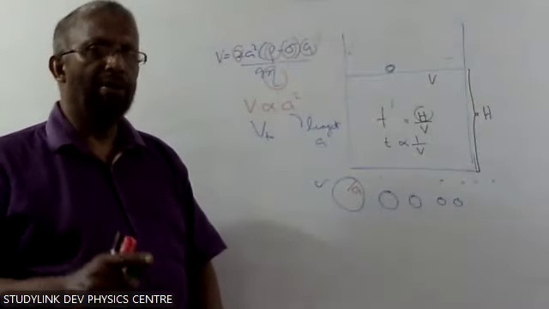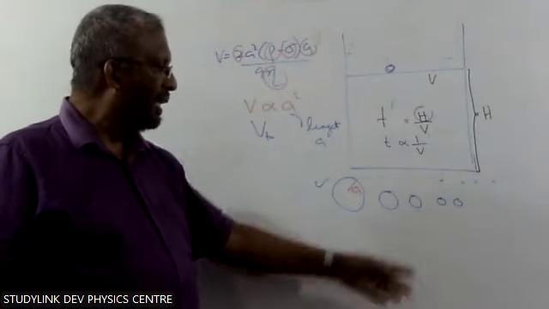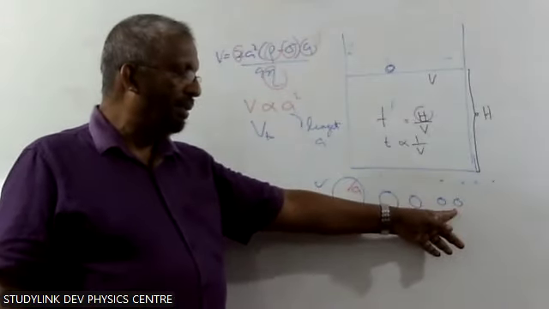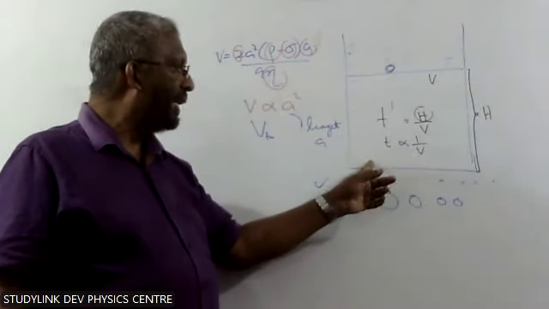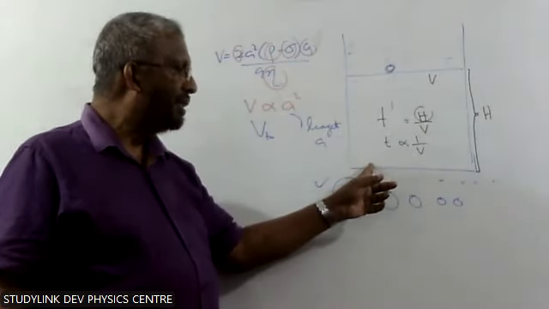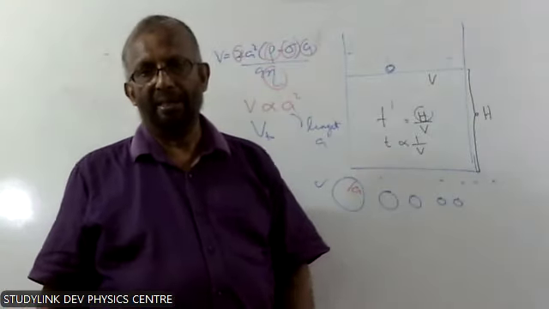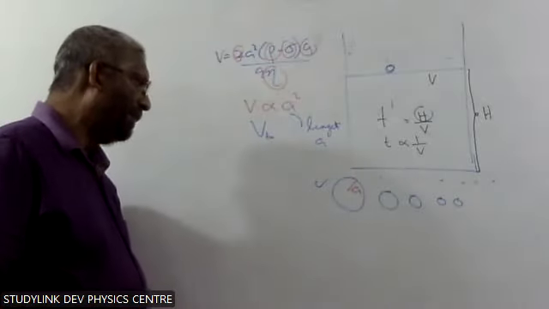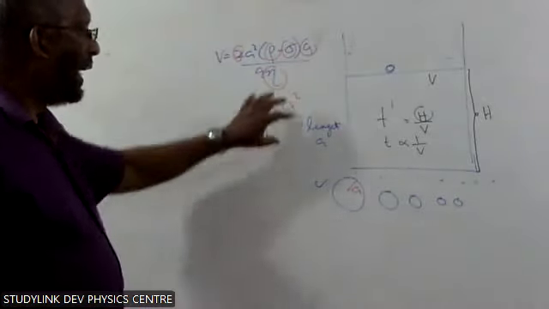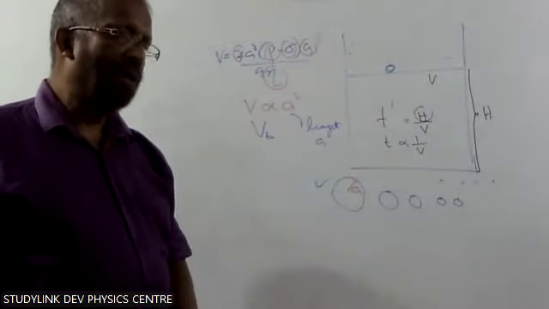Or we can say the particle with the smallest radius settles down at the bottom finally. Now you understood what is happening, no? The largest one reaches the bottom quickly.